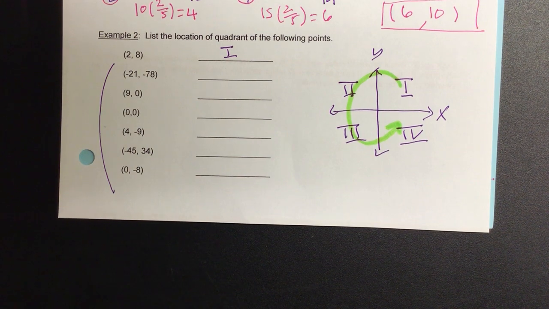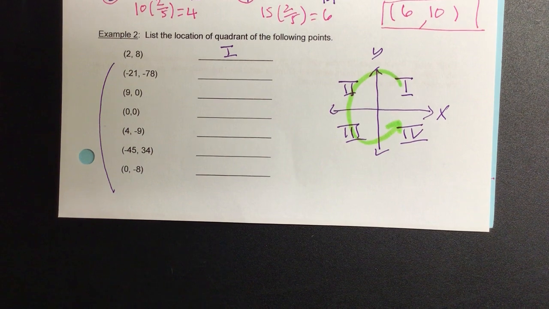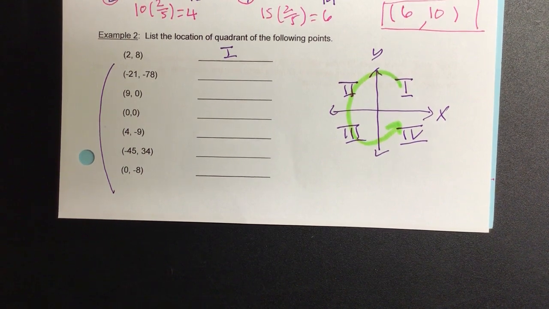Mm-hmm. Like, is this one, if it's like on the line, would it be like, which one would it be? X or Y axis. Or maybe it's both. Mm-hmm. Wait, wait. So you're right, X axis or Y axis. Okay. 5 is 2. That one's 3. Oh, that one is not a line. Oh, you just put on the axis. For 0, 0, but just put X, Y. Origin. Mm-hmm. I don't know. I left 5.